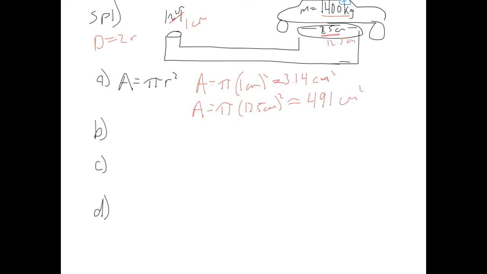All right, part B asks for the ratio of area of the load piston to the input piston. So a ratio is like a fraction, so the ratio is going to equal the area of the load piston, which is 491 centimeters squared, divided by the area of the input piston, which is 3.14 centimeters squared.